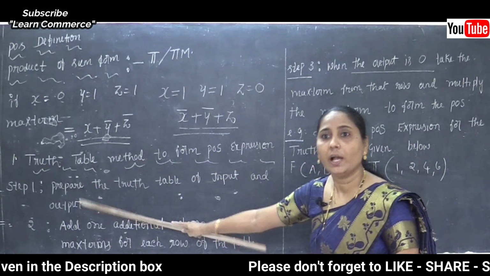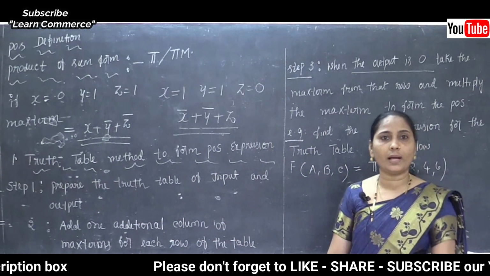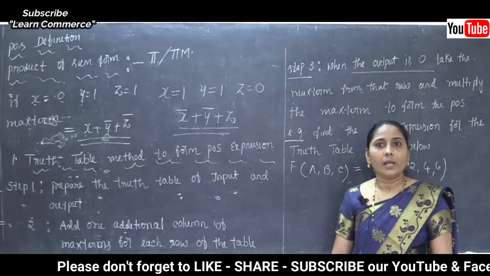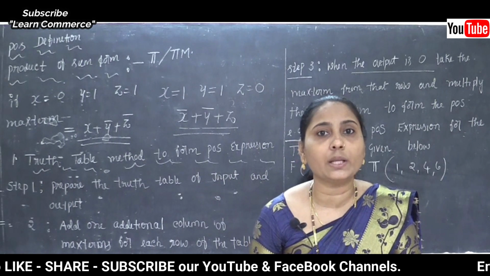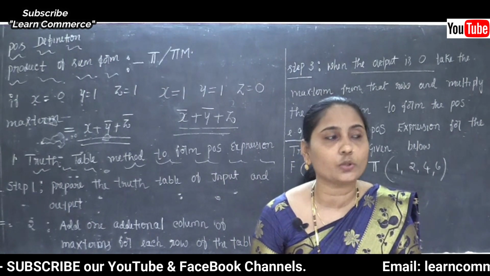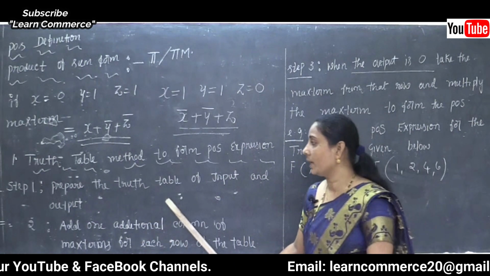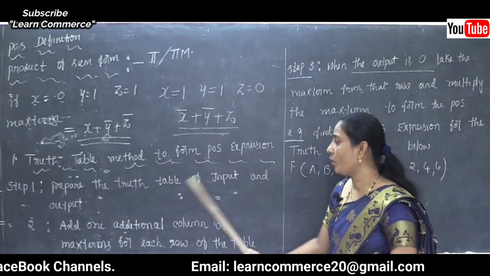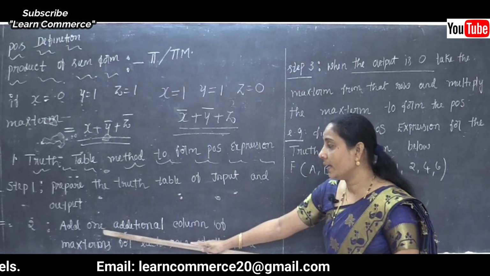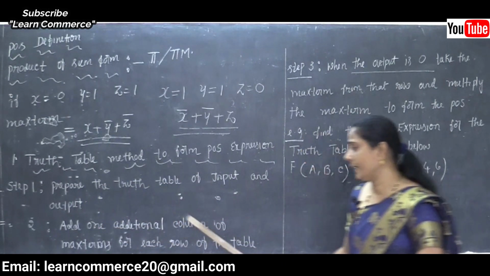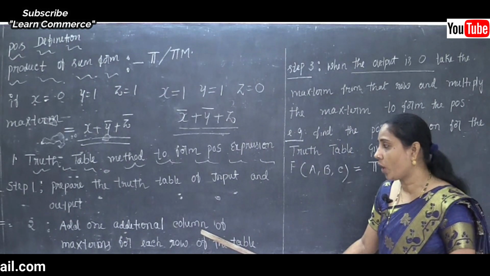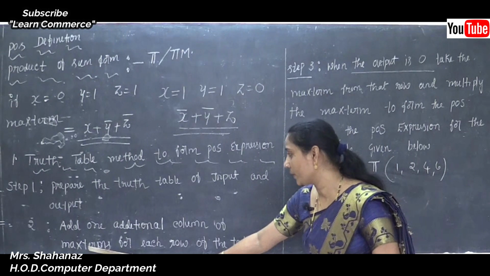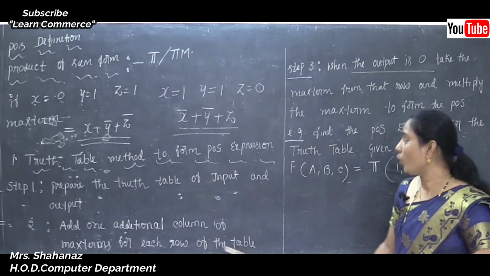Clear this point here? We know that in our POS the binary 0 is considered to form the POS. So prepare the truth table of input and output, and later add one additional column, one more column, for the max term for each row of the table.